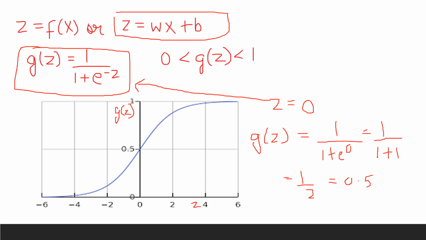So the point of intersection is 0.5, and this z takes the output of linear regression and converts it into values ranging between 0 and 1.